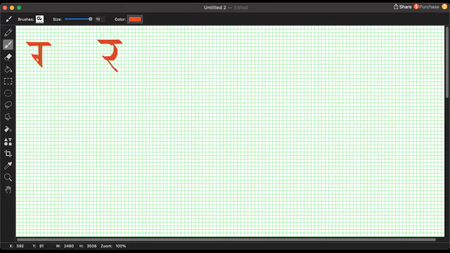So for a few alphabets, if you're writing R, see, Margadarshi, I'll write this word.